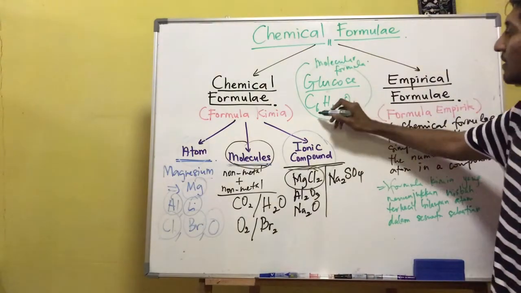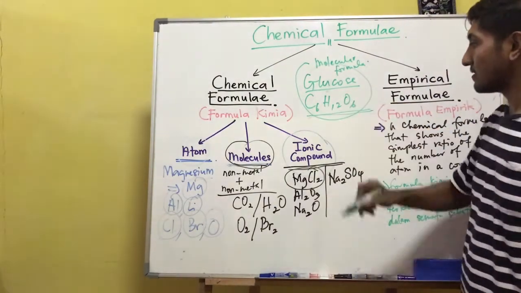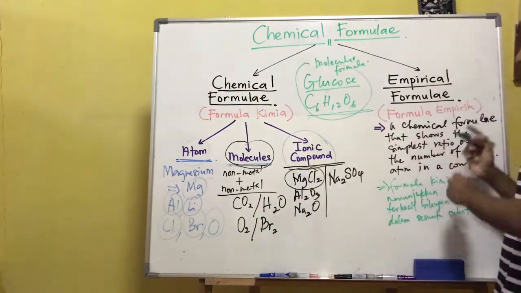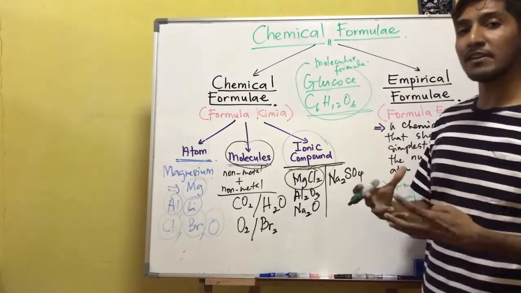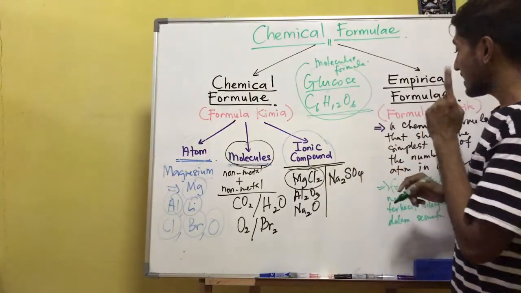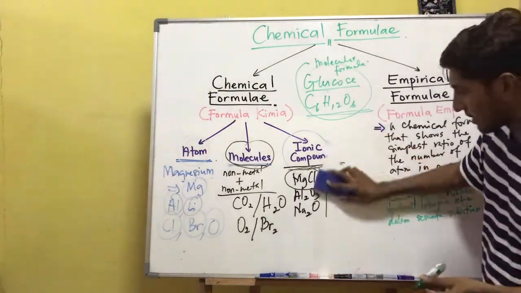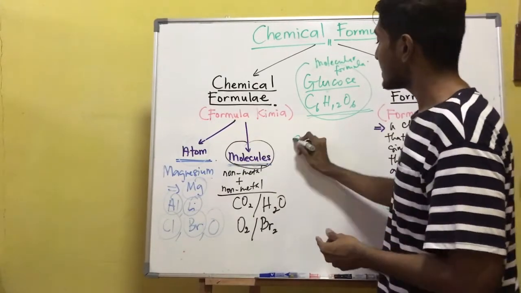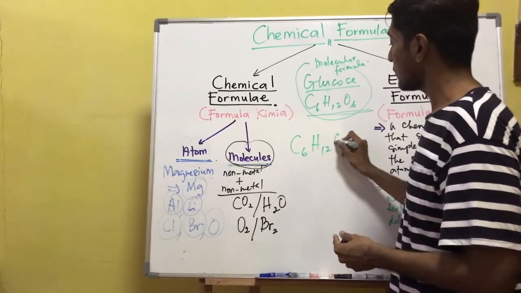Kalaulah soalan tanya ataupun kita nak tahu apakah formula empirik untuk glucose, what is the empirical formula for glucose? So now we can see that we have C6H12O6.